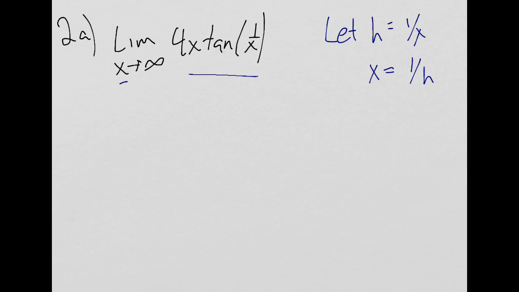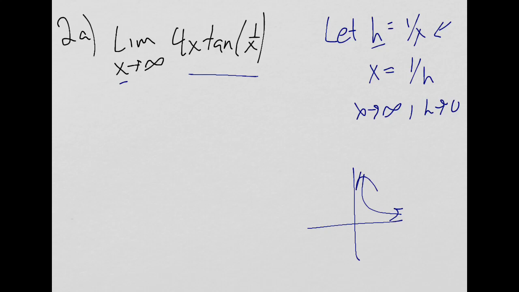So as x goes to infinity, what happens to this expression? Because that'll tell me what happens to h. So as x goes to infinity, I know that 1 over x, which is h, goes to 0 because of the 1 over x graph. So as x goes to infinity, h winds up going to 0.